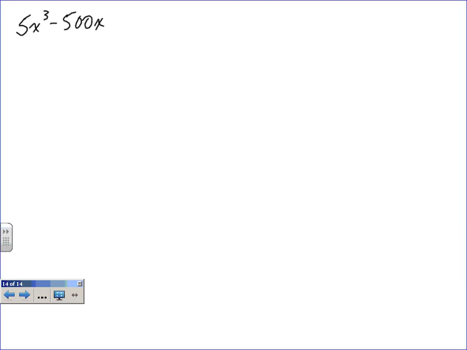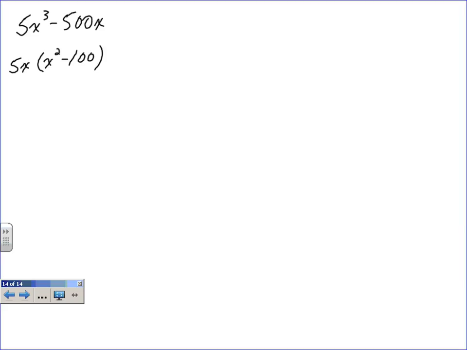And I ask you to factor it. The first thing I want you to look for is, do either one of those terms have a common factor? And what did you see? You saw 5. What else? 5x. So let's take out, by the distributive property, a 5x. The result is going to be x squared minus 100.